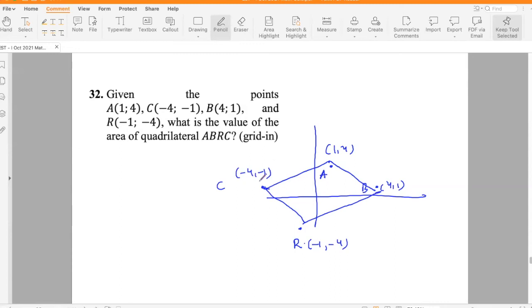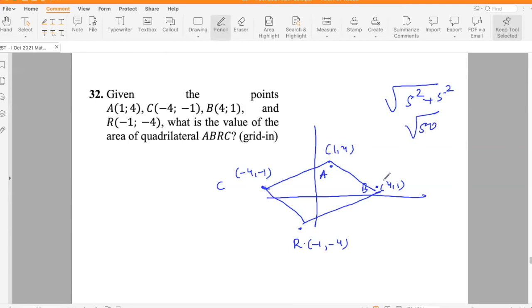I think it would be a rhombus, but let's see. So what is the distance for any two sides? It would be square root of 5 square plus 5 square. So root of 50. 4 plus 1, 5. And this is 4 minus 1.